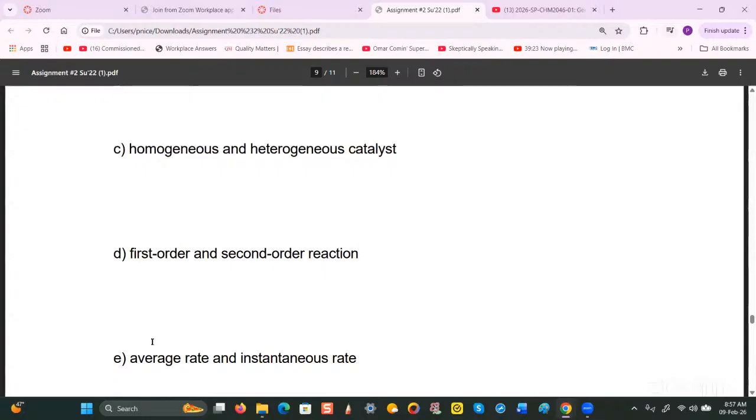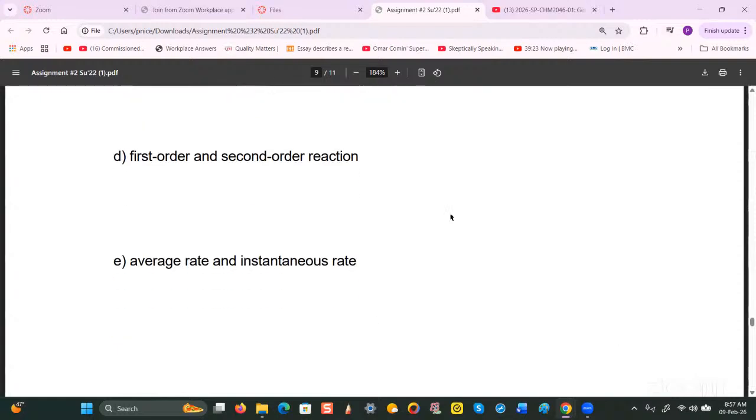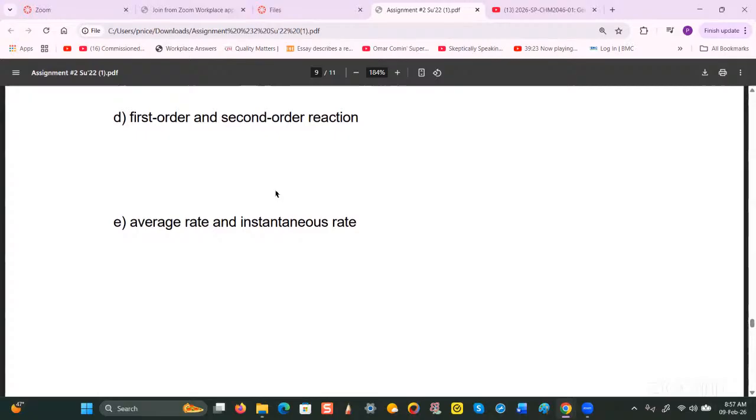All right, okay, D, first and second order reaction. You should be able to tell me what's the difference between a first and a second order reaction.